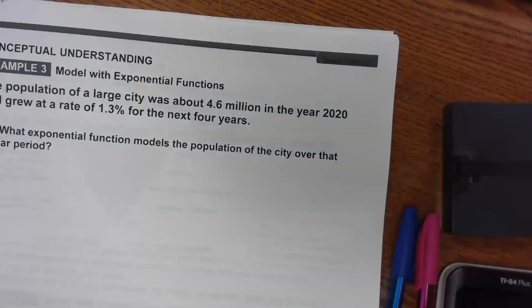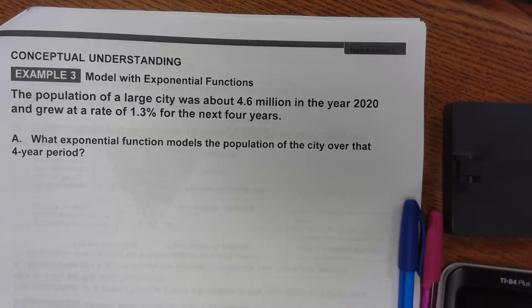Now we're going to get into modeling a little bit. I'm going to talk through this one, and then I'm going to give you the formulas for this. It says a population of a large city was about 4.6 million in the year 2020, and it grew at a rate of 1.3% for the next 4 years. What exponential function models the population of the city over that 4-year period?